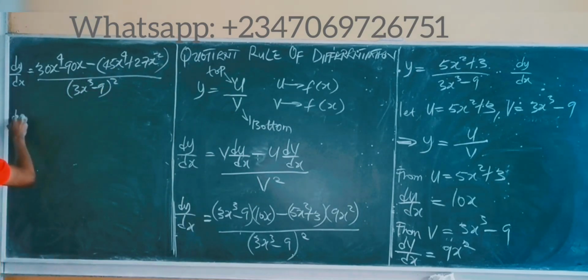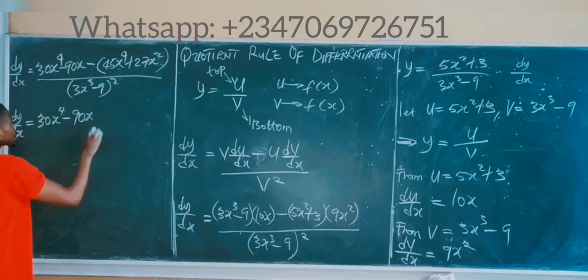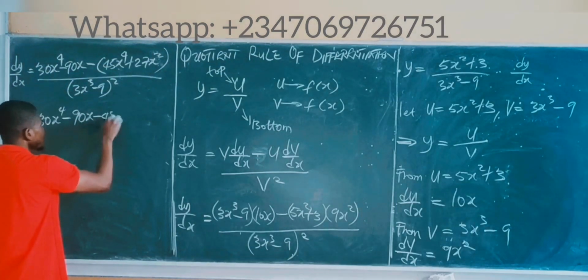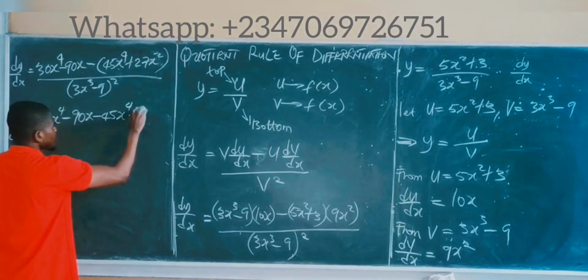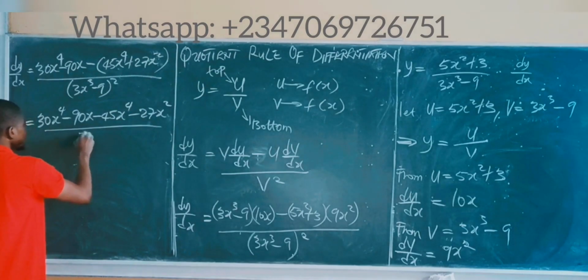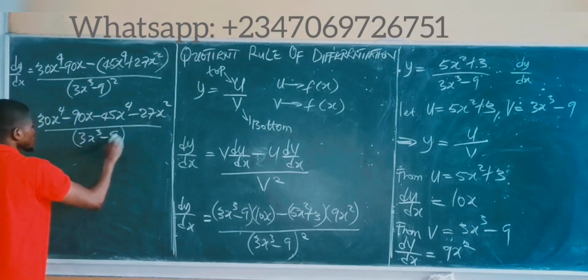So dy/dx is now equal to 30x to the power of 4 minus 90x, minus, expanding this bracket, 45x to the power of 4 plus 27x squared, all over (3x cubed minus 9) all squared.